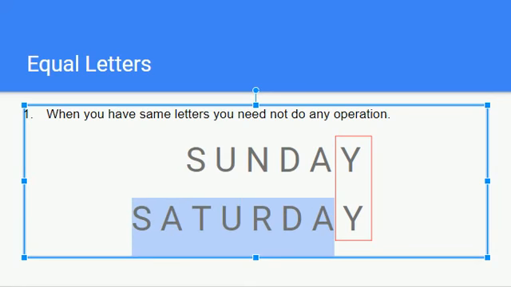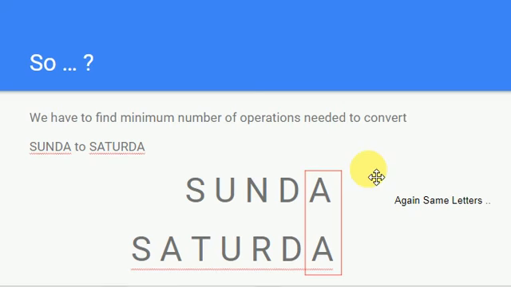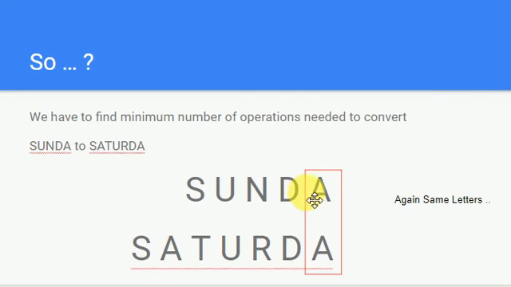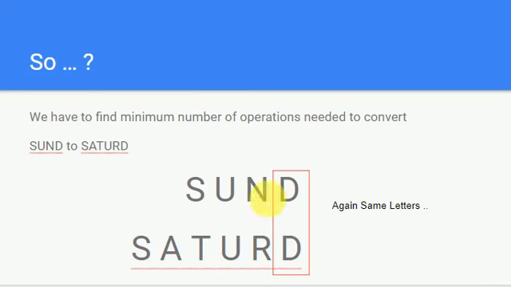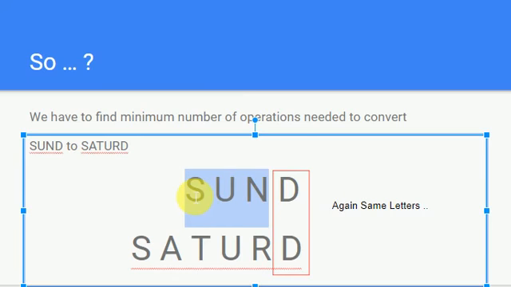Now again, if you see A and A, both are the same, so we can ignore them and find the minimum number of operations required to convert this string to this string. Again, if we ignore A, we end up with SUND and SATURD. But again these two letters are equal, so we just ignore them and find the minimum number of operations required to convert SUN to SATUR.